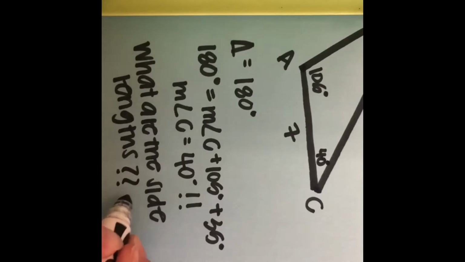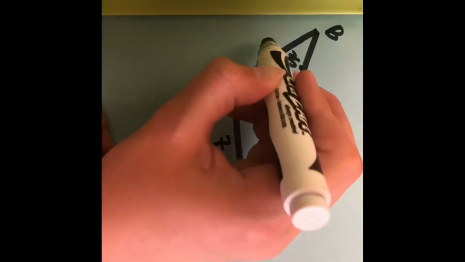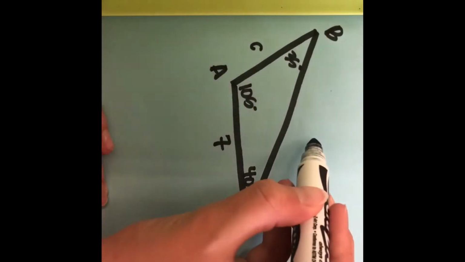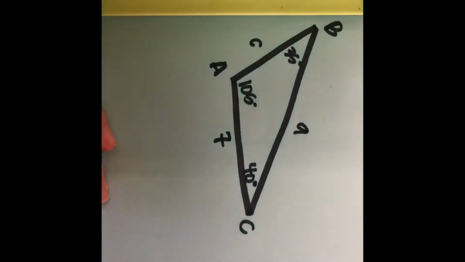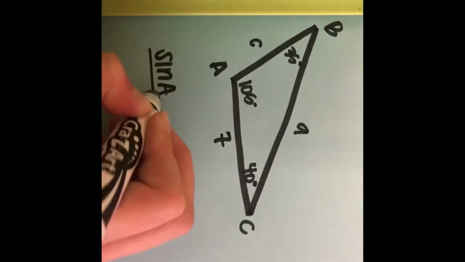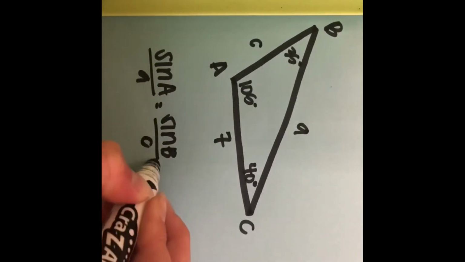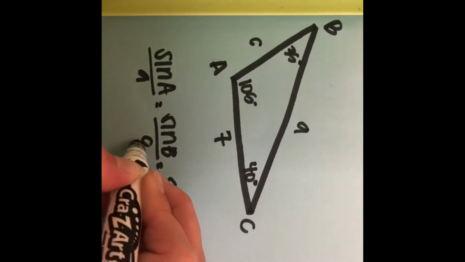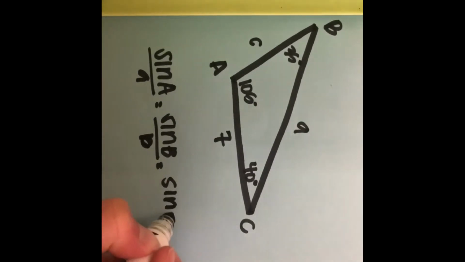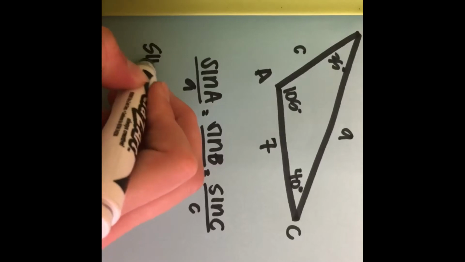So now we want to know what the side lengths are. Now I'm just writing where the sides are, because the sides correspond to the angles. So the opposite side of A is where the side of A is going to be. Now I'm just rewriting the formula for the law of sines, so we know all of them are equal to each other.